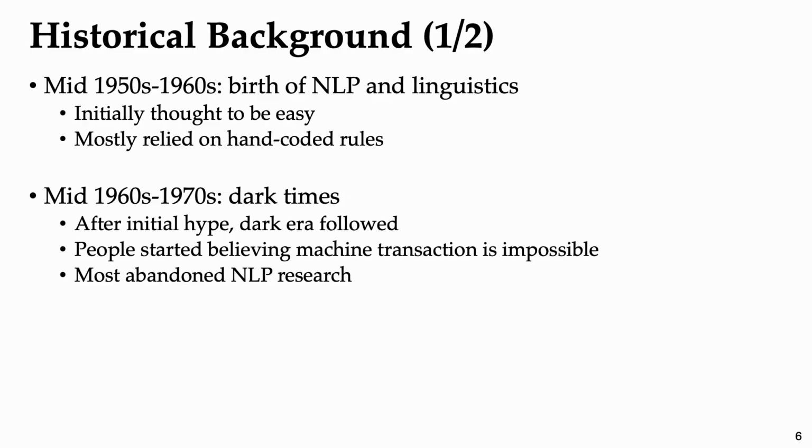The matter of fact is that natural language processing as an idea started way back in the 1950s. That was the initial idea of natural language processing and linguistics in general as a computational discipline. And initially, when it was discussed in the early 50s, it was thought to be a very simple task.